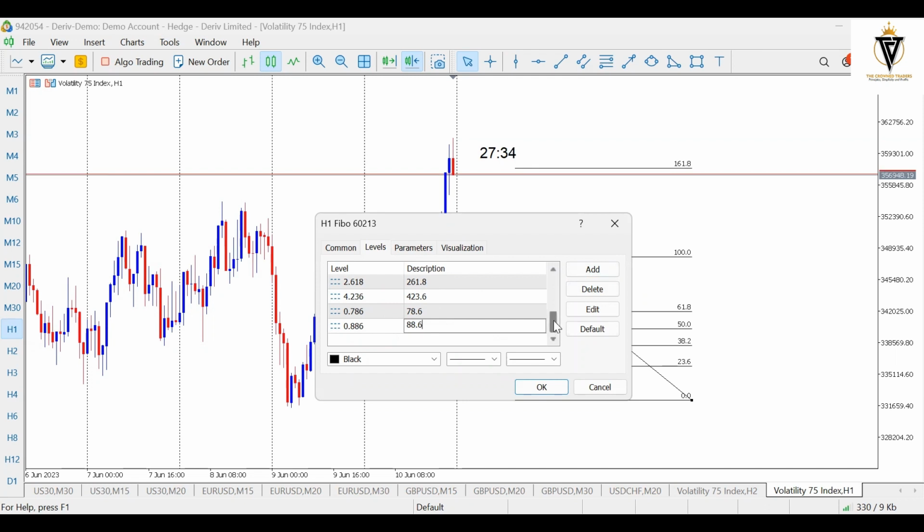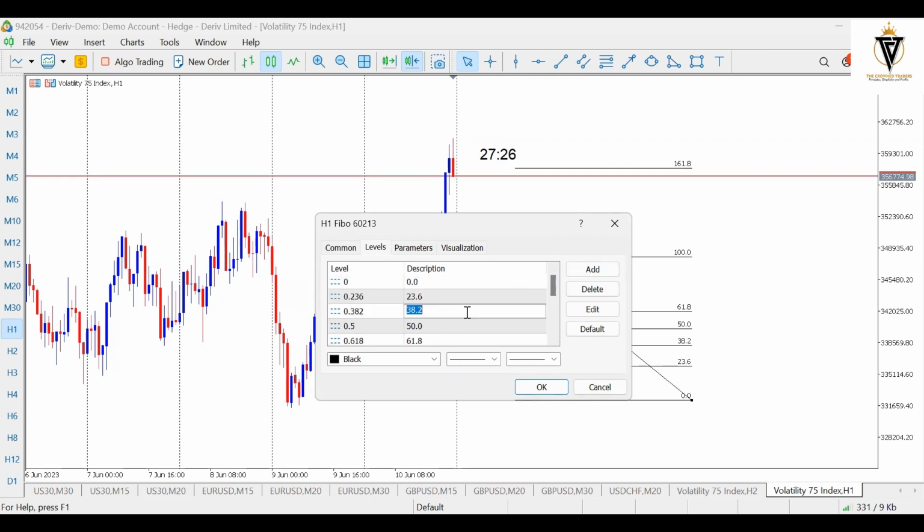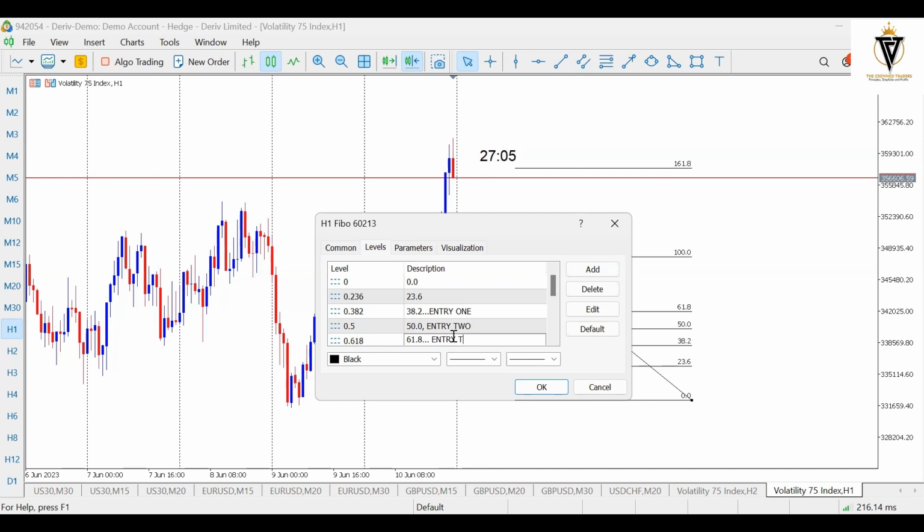Okay, let me decide to add my description. Let me say entry 1, entry 2, and entry 3.